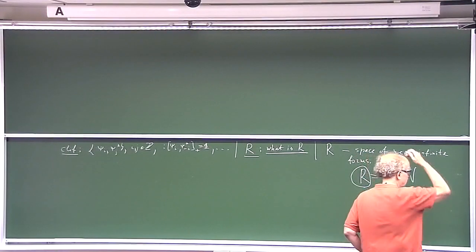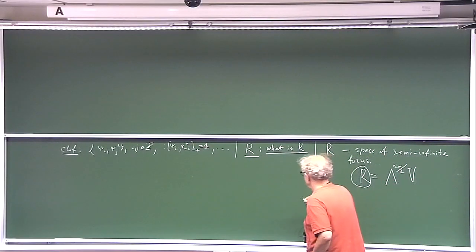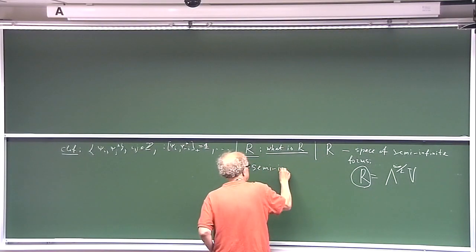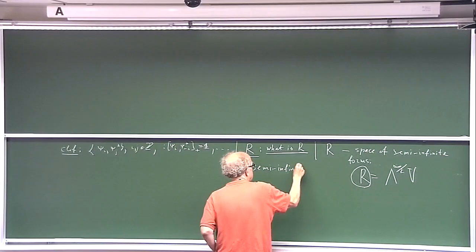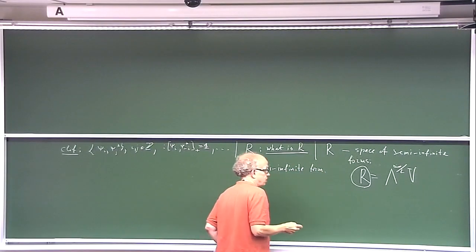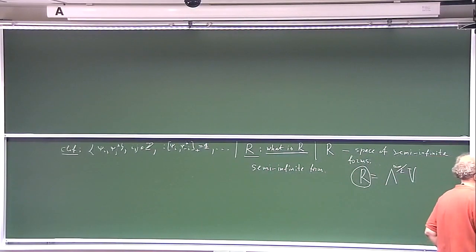And about the basis here, the basis in this space will be the semi-infinite form. And it means what? What possibility do I have by acting with this and this on this form?